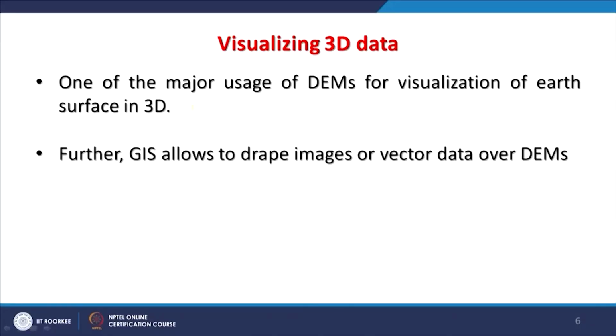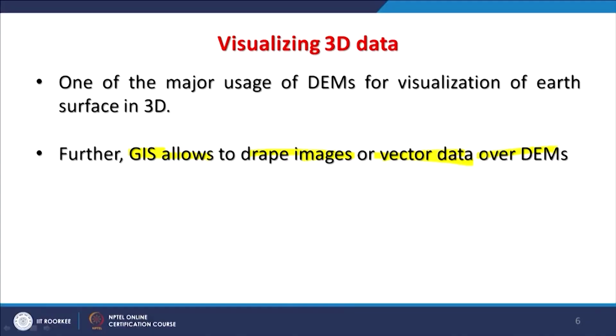So, for that purpose we always go for integration of the DEM with satellite data, and our GIS platform allows us to grab these images, like in Google Earth, Landsat and Sentinel images, or even vector data like locations, earthquake locations, city locations, demographic data or any other such datasets, over the DEMs.